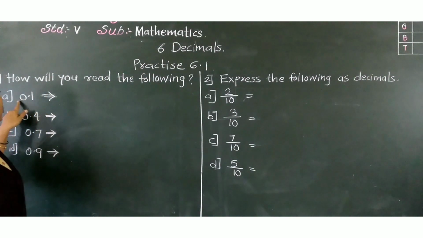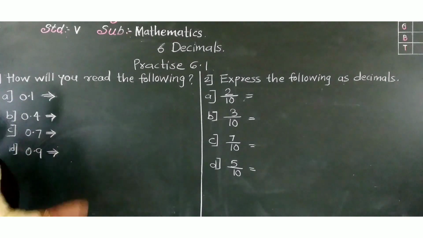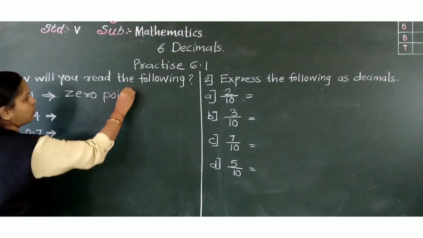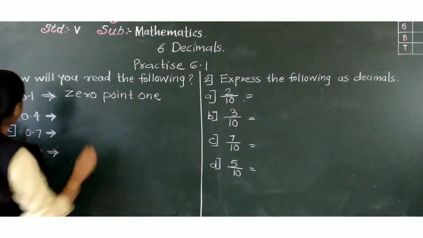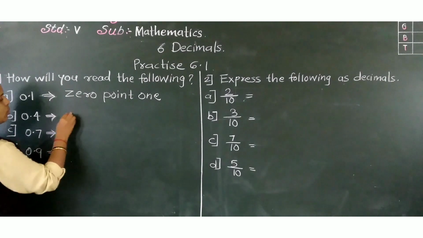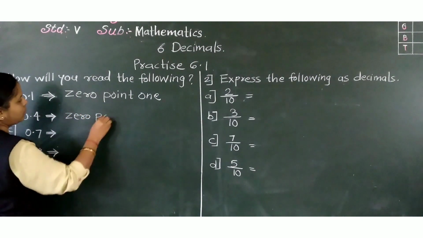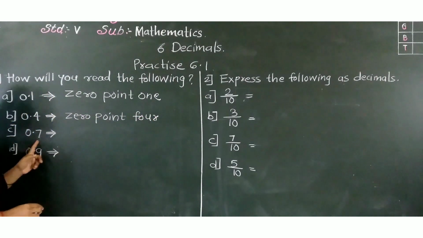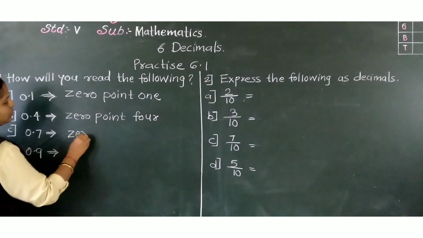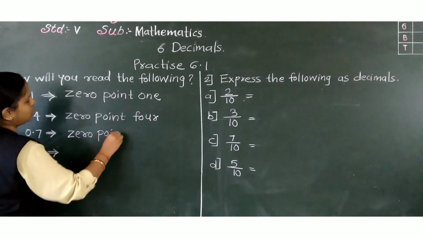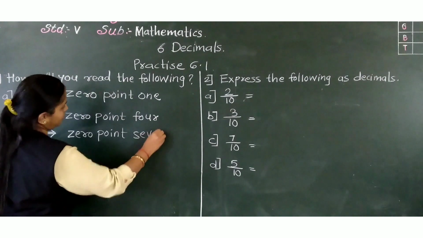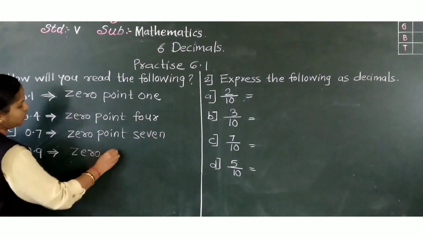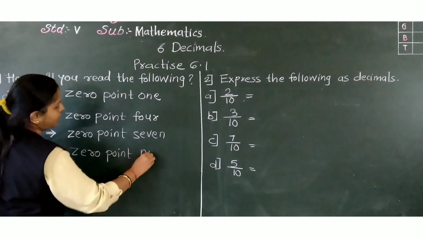How will you read? 0.1, then 0.4, then 0.7, and the last one 0.9.